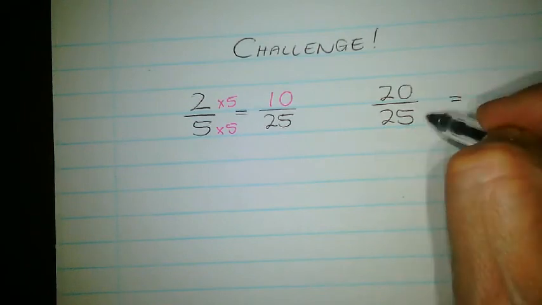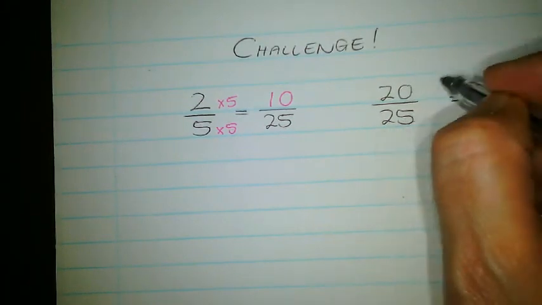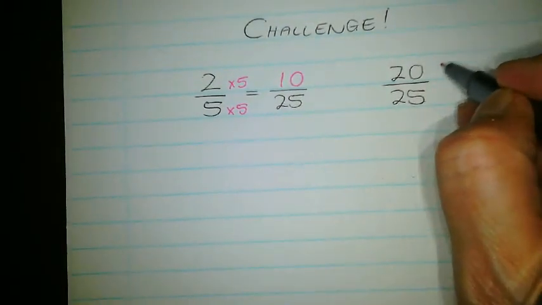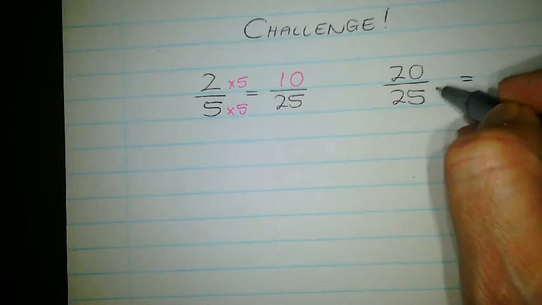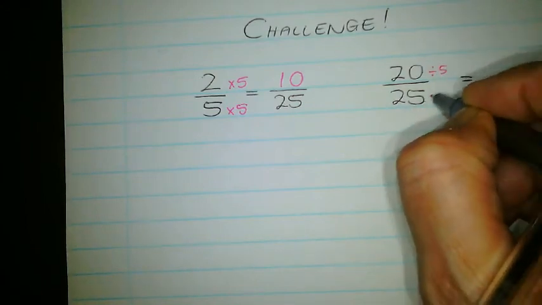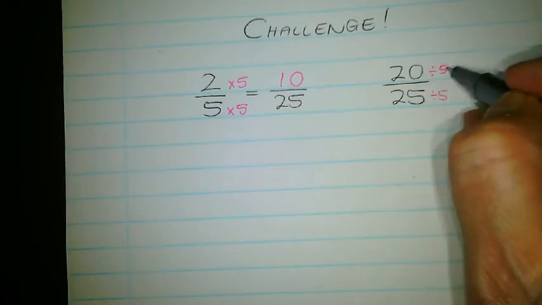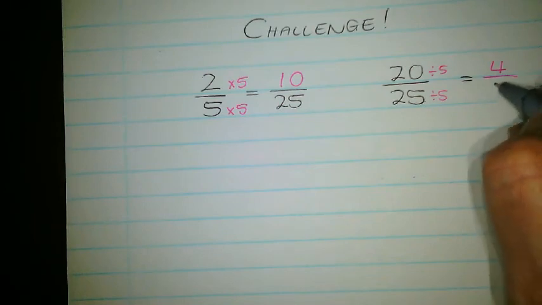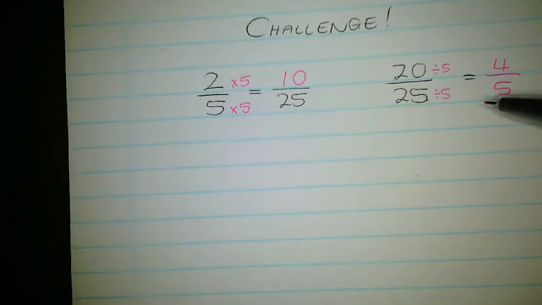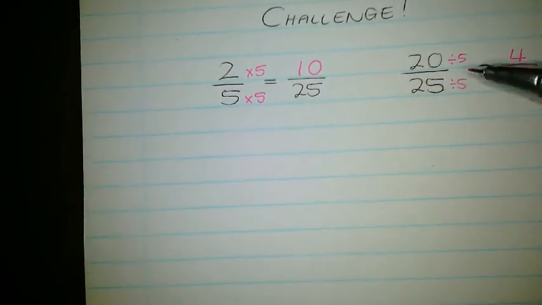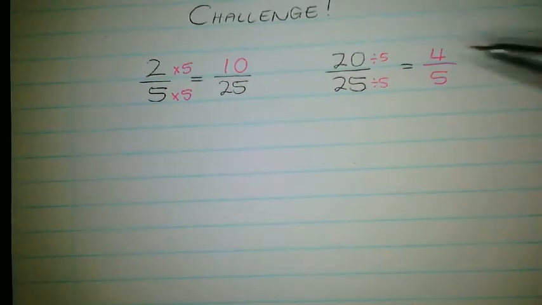There's an even number, there's an odd number, but if I look at the 2, the 3 and the 5, I can divide both the top and the bottom by the same number, and that number is going to be 5. So 20 divided by 5 is 4, and 25 divided by 5 is 5. So every time they use a rule: what I do at the bottom, I do at the top.